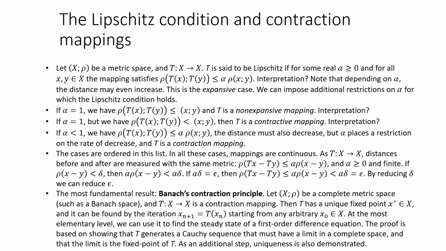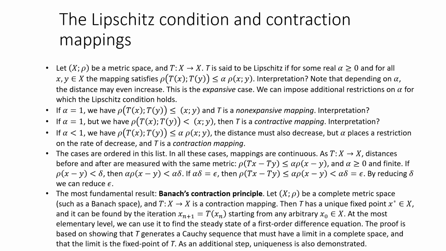On the right of this inequality, we see the distance between 2 points in the space before applying the mapping to them. And on the left, we see the distance between 2 points which we receive by applying the mapping to the points. Actually, this inequality compares the distance before and after the application of the mapping to the points.